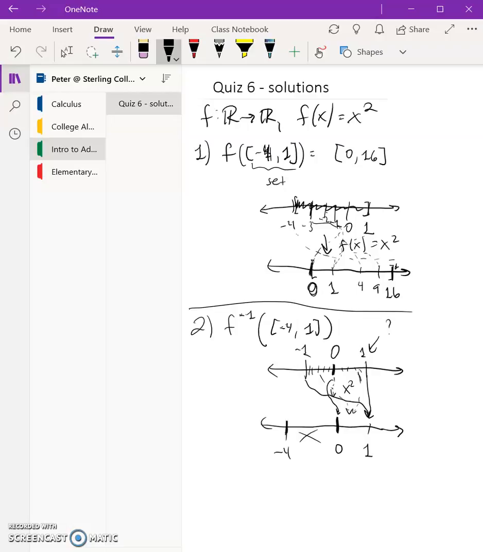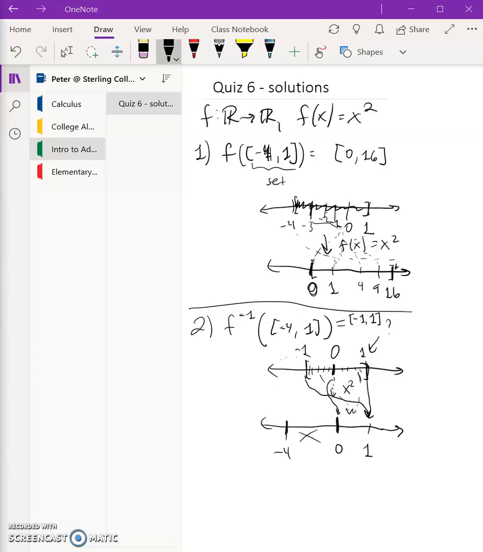Now if you go to the right of 1, when you square, you're going to get something bigger than 1. And if you're less than -1 over here, when you square, you're going to get something larger than 1. So you see this whole region of numbers defines the inverse image. So your inverse image is going to be the closed interval -1 to 1.